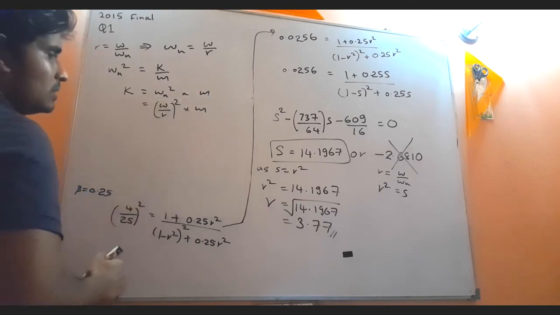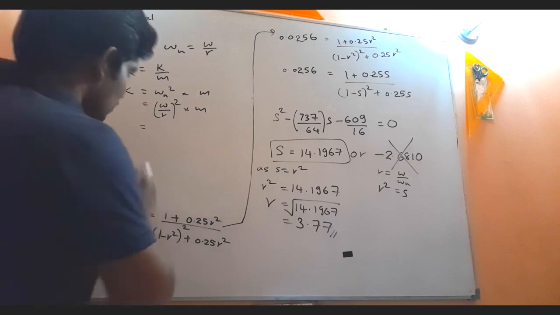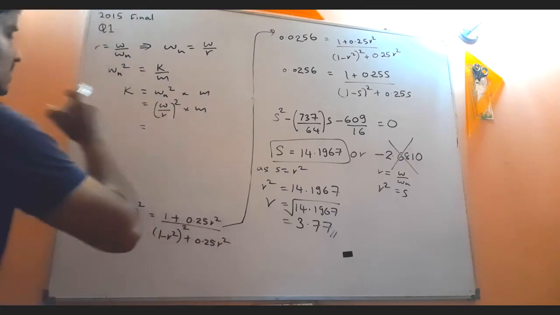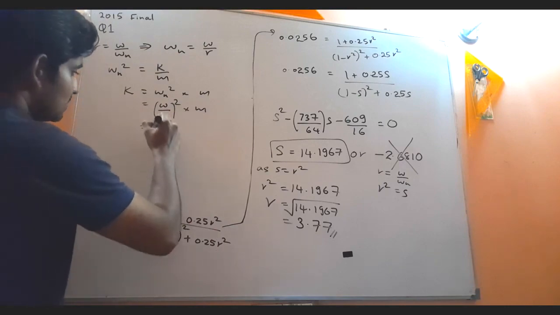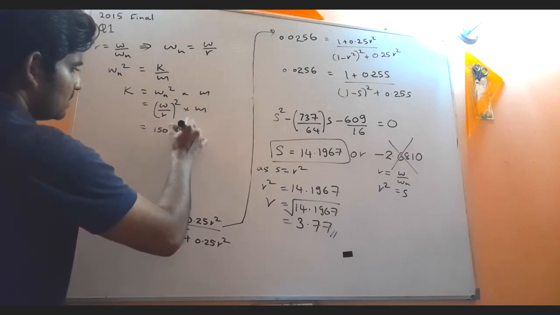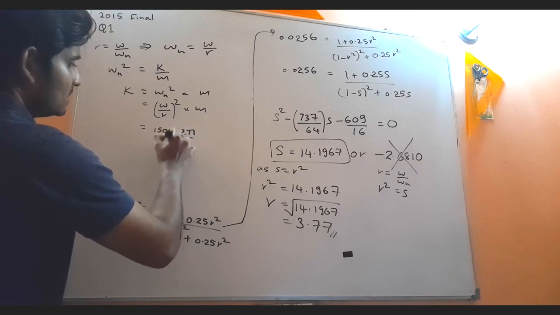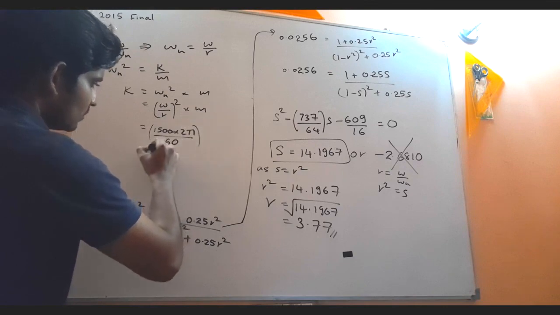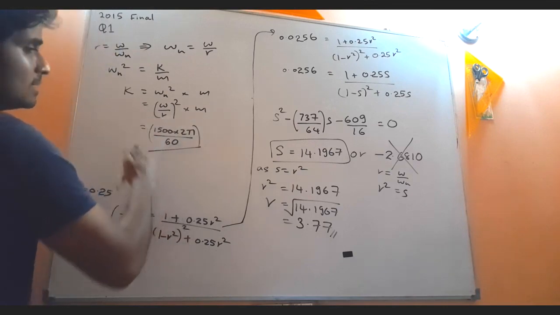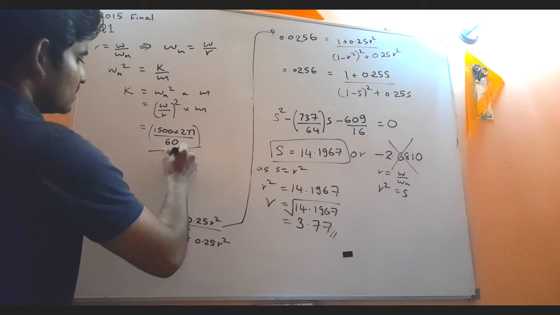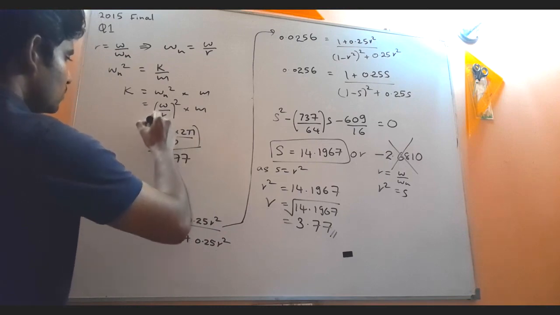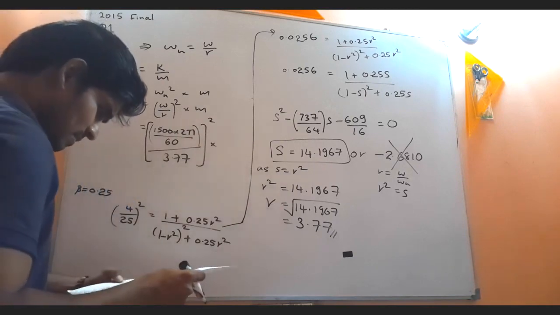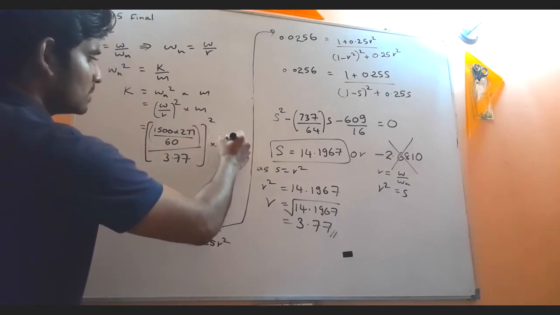Now we have to be very careful and substitute all the values in standard units. What is omega? 1500 rpm, so that means 1500 multiplied by 2 pi divided by 60. This value we have to divide by r, which is 3.77, and we have to square that. What is machine mass? 1000 kilograms.